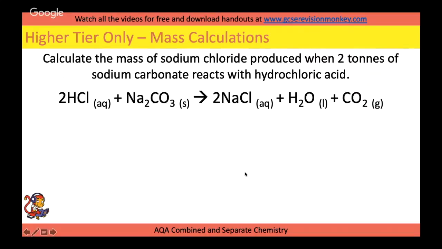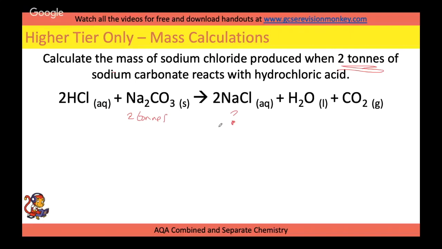So mass calculations. Let's calculate the mass of sodium chloride produced when 2 tons of sodium carbonate reacts with hydrochloric acid. I always write the 2 tons under here, it just helps me out. How much sodium chloride do we make?